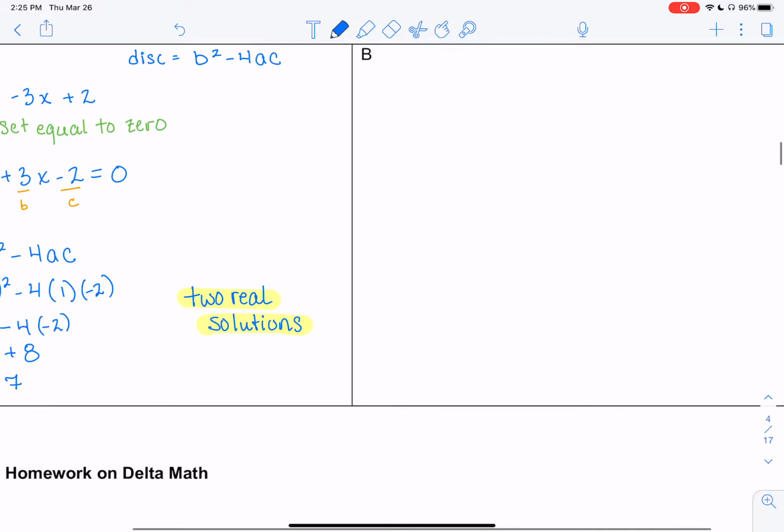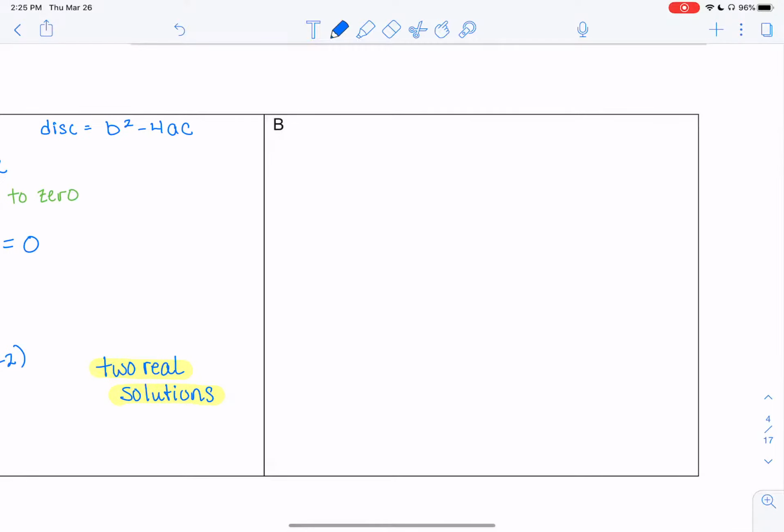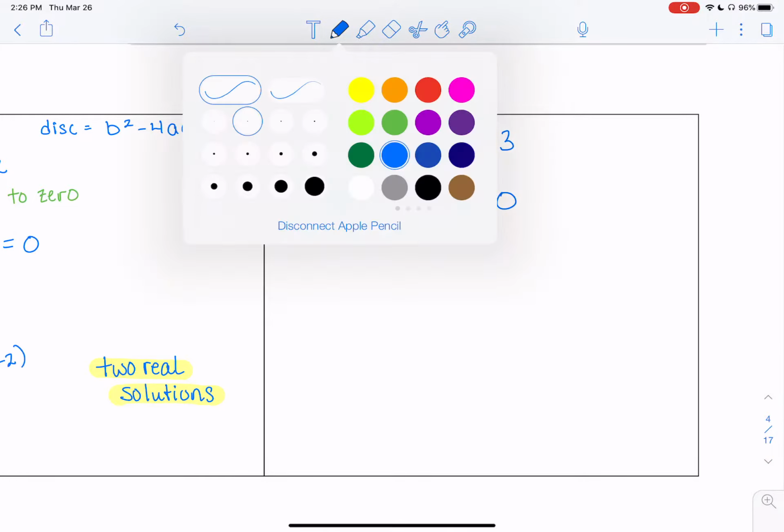I'm going to go to question B now. Written from your textbook, negative 4x equals negative 3x squared minus 3. And remember that we're going to move everything over to the left side, set it equal to 0. So that changes signs. I have positive 3x squared minus 4x plus 3 equals 0. From here, I need to just remember what my a, b, c values are.